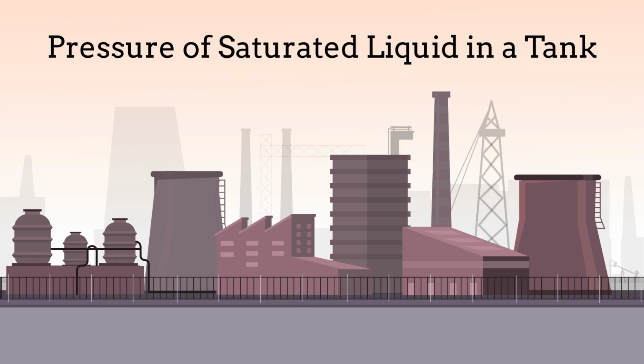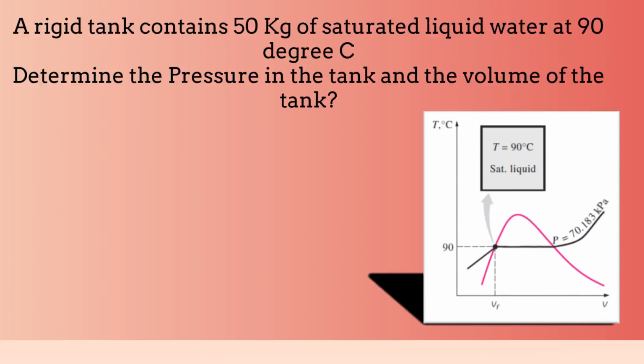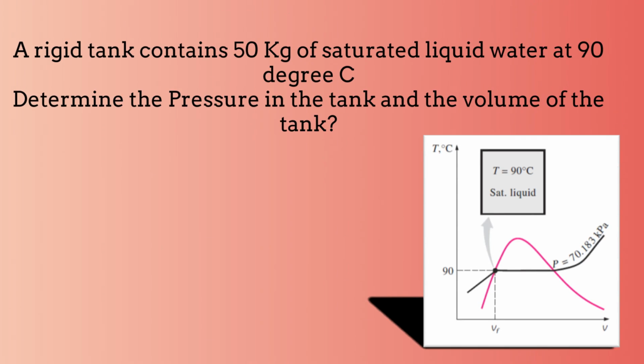Pressure of saturated liquid in a tank. A rigid tank contains 50 kilograms of saturated liquid water at 90 Celsius. Determine the pressure in the tank and the volume of the tank.